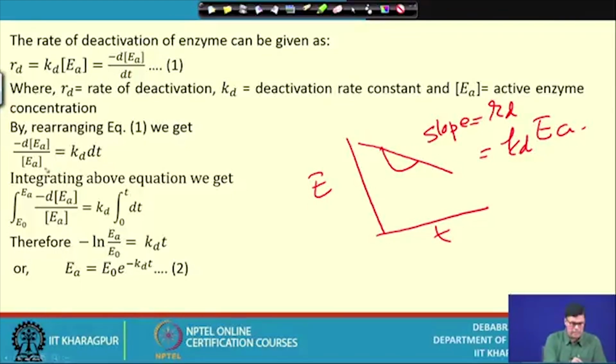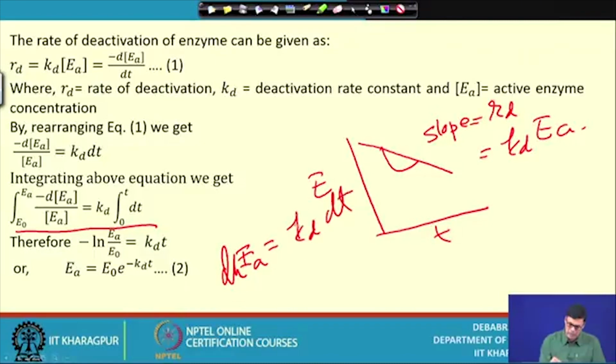If we integrate this, you will get this kind of equation: d ln EA equal to minus KD into dt.